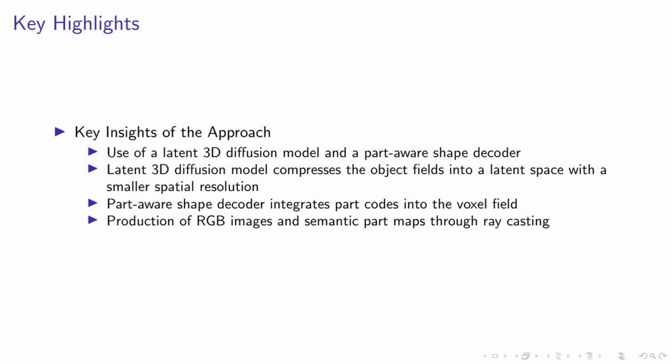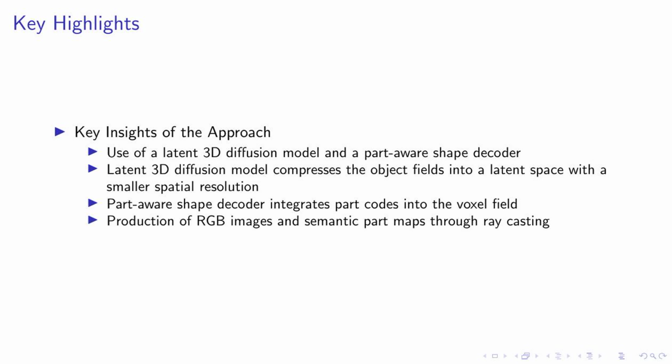Begin a frame. Frame title key highlights. Begin itemize. Item key insights of the approach. Begin itemize. Item Our approach leverages a latent 3D diffusion model and a part-aware shape decoder. The latent 3D diffusion model compresses the object fields into a latent space with a smaller spatial resolution, enhancing the high resolution of the neural voxel fields and improving the quality of rendered images.